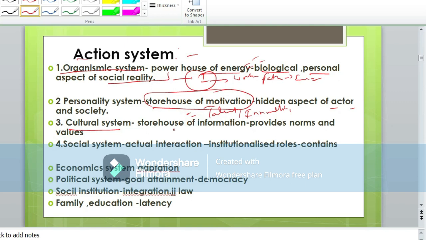Third comes the cultural system, which is a storehouse of information, provided through norms and values, and these apply restrictions on individual behavior, making laws or applying traditions of the existing society. Fourth comes the social system or actual interaction, which has institutionalized rules containing the entire three systems.